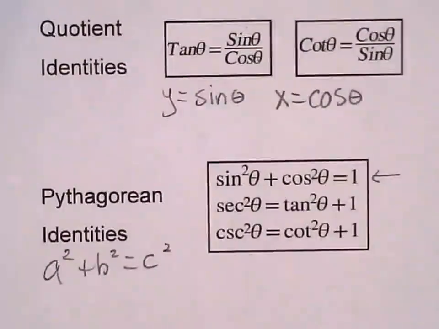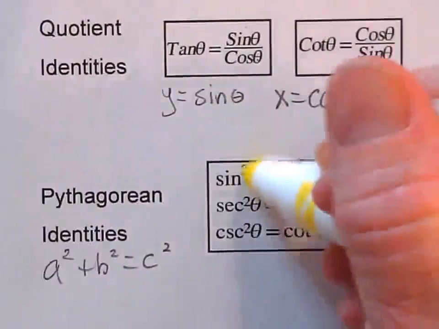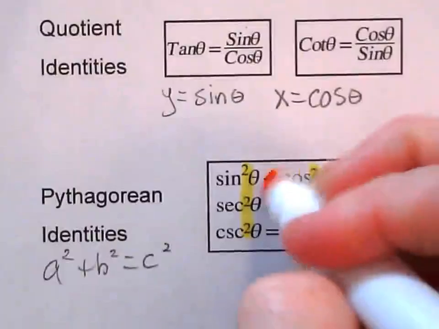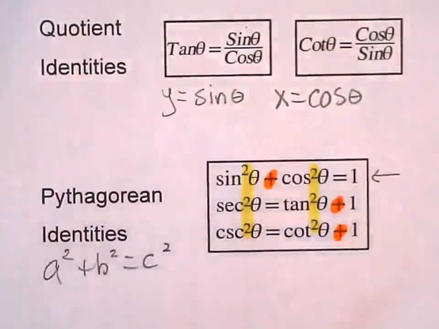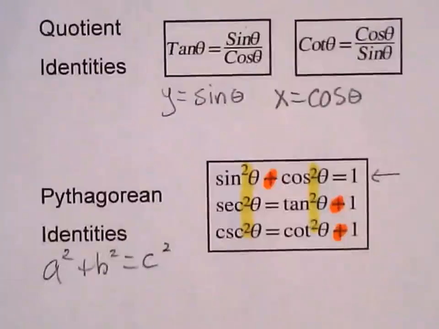Most of the time, if you see a square along with a plus sign, then you're having to use a Pythagorean identity within that problem.